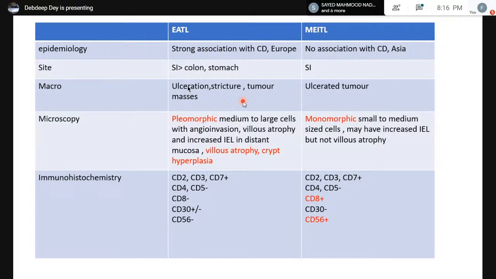With regards to the immunophenotype, CD2 and CD7 are positive in both of them, CD45 negative in both of them. The differentiating would be CD8 and CD56. And if CD30 comes positive, then it helps to diagnose EATL, because mostly MEITL will be CD30 negative.